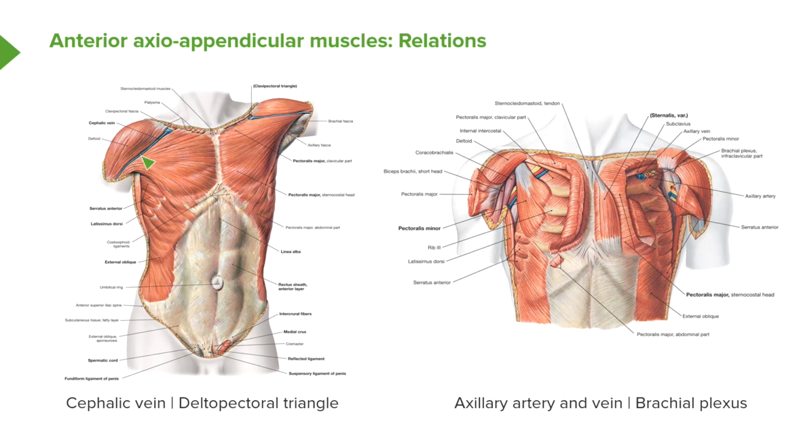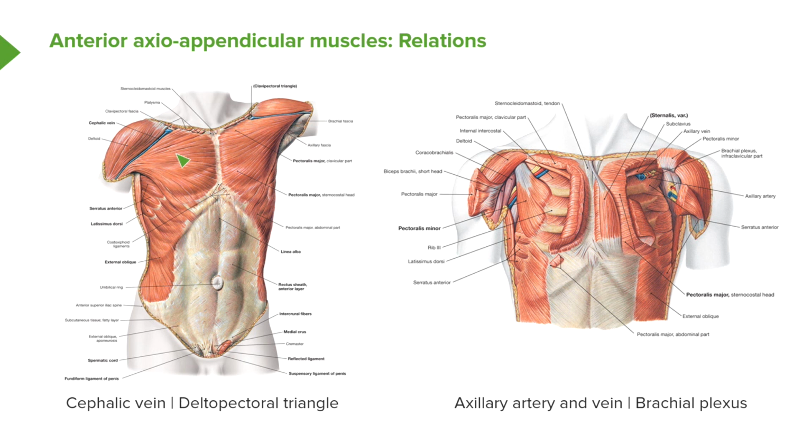But what we can see is that between pectoralis major here and deltoid, we have this deltopectoral triangle. And that triangle is important as it receives the cephalic vein. As we mentioned in the previous lecture, the cephalic vein passing up towards the axillary vein runs in the deltopectoral triangle. And here we have the formation of the deltopectoral triangle.